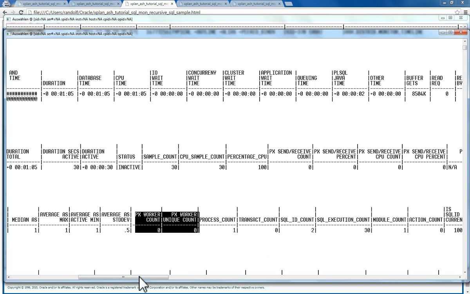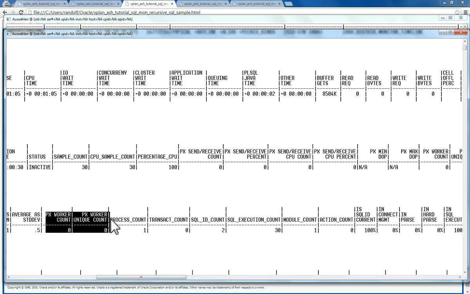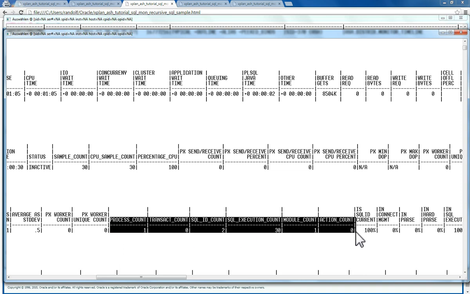With these counts, you have to be a little bit careful. These are not absolute counts, but counts based on the samples, so you always have to put these counts into relation to the number of samples found.